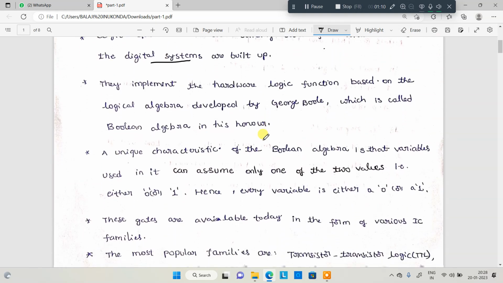Next, they implement the hardware logic functions, on the basis of Boolean algebra developed by George Boole. Based on Boolean algebra, we are going to develop the hardware logic functions. Already in your chapter number 5 we explained Boolean algebra basics.